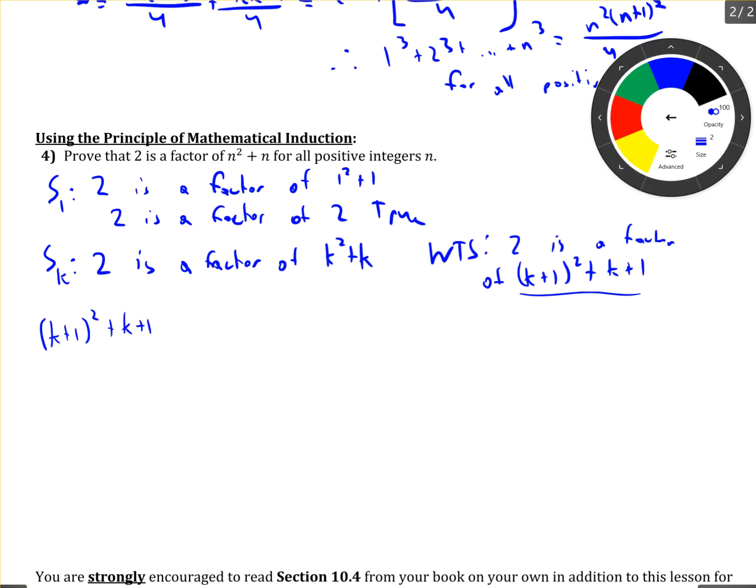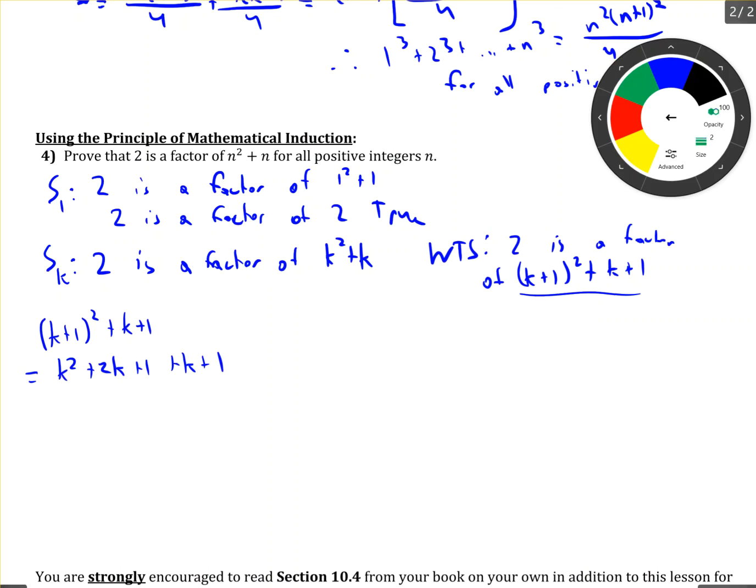What I'm going to try and do here is get this k squared plus k as part of what I have here, because then I know 2 is a factor of that, and hopefully 2 will be clearly a factor of what's left over. So let's go ahead and multiply all this out. So I get k squared plus 2k plus 1 plus k plus 1. And before you combine things, you might be tempted to just say in your mind k squared plus 3k plus 2.